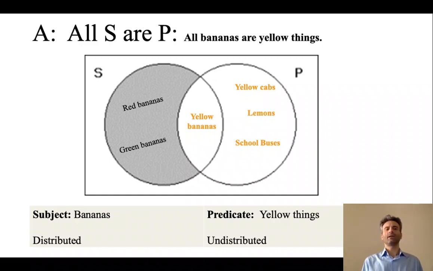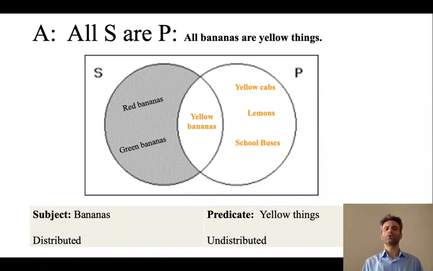So, all bananas are yellow things, but not all yellow things are bananas. As you can see, there are many other things that are yellow. Cabs, lemons, school buses, many other things, daffodils. So the subject here, bananas, refers to all bananas. So remember, if the subject refers to all of them, then the subject is distributed.